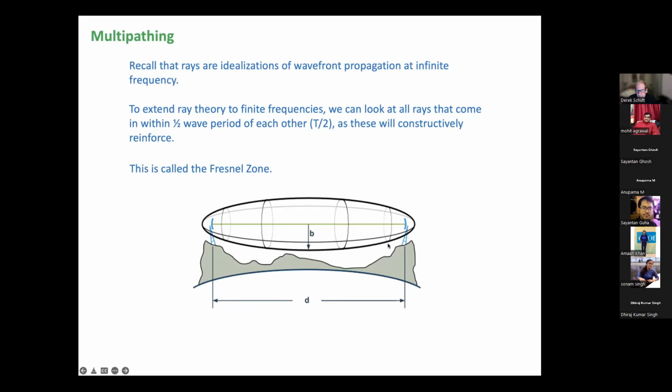This was actually done for electromagnetic waves, but it's the same for seismic waves. So all these waves that travel in this sort of banana-shaped region will coalesce at the receiver. And so the velocity variations in this whole banana-shaped region will affect the arrival time of seismic waves.